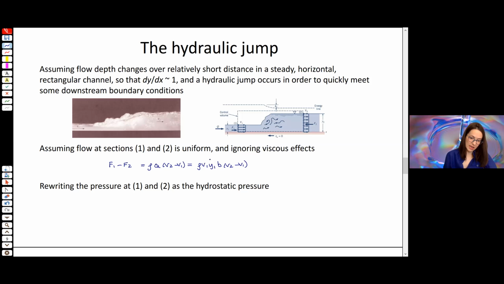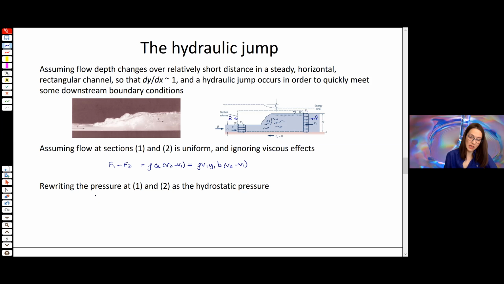The forces F1 and F2 are the pressure on sections 1 and 2. We make the usual assumption for channel flow: because it's uniform flow, there's no acceleration, and because it's open to the atmosphere, the pressure across these sections is the hydrostatic pressure.